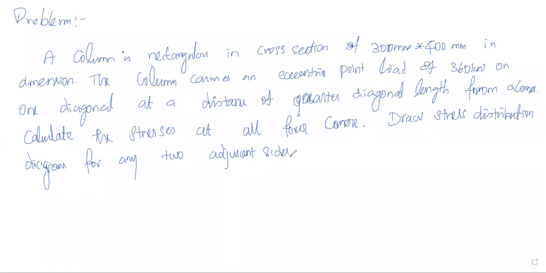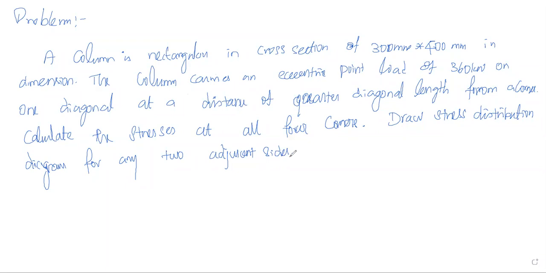So here they have given the rectangular section having the dimensions of 300 mm by 400 mm. The column carries the eccentric point load of 360 kilonewton on one diagonal at a distance of quarter diagonal length from the corner.